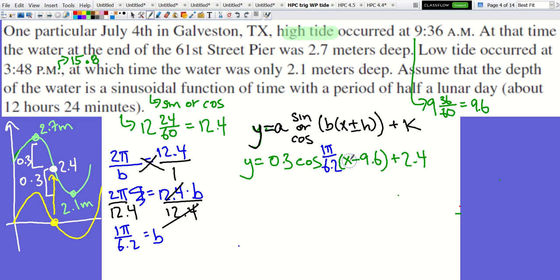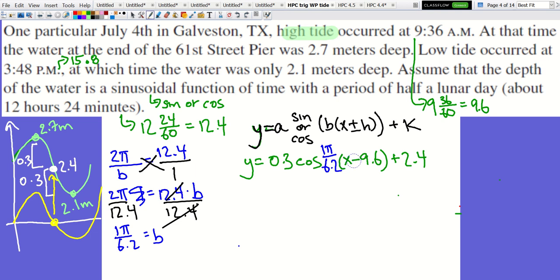Then you put in 13 here, because you got to think of it as military time. 1 p.m. is really represented by 12 hours that pass by from midnight to noon, plus the extra 1. So 12 plus 1 will give you 13. If we're trying to find the height of the tide at 11 p.m., then you do 12 hours from midnight to noon, plus the 11, which gives you 23.